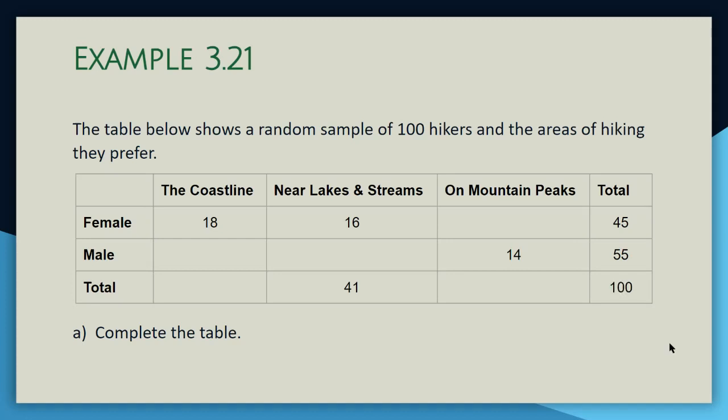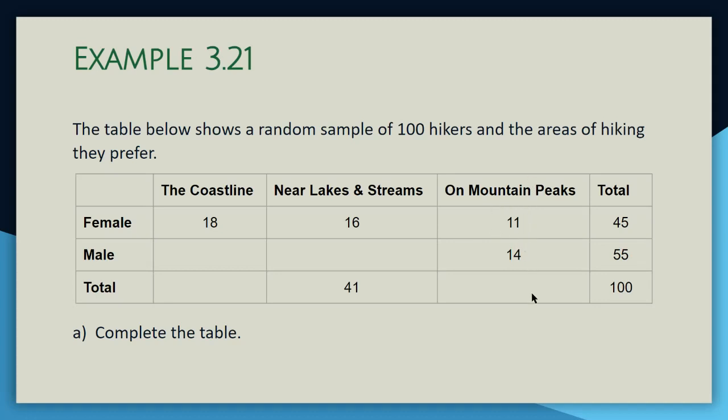They told me I have a random sample of 100 hikers, so I know that bottom right box has to be 100. That checks out because 45 plus 55 is 100. I also know in that first row, 18 plus 16 plus that box has to be 45. So I can work backwards and figure out that missing box was 11.